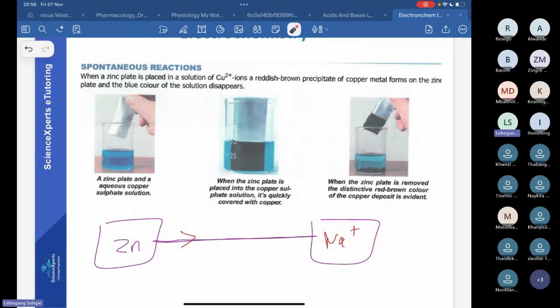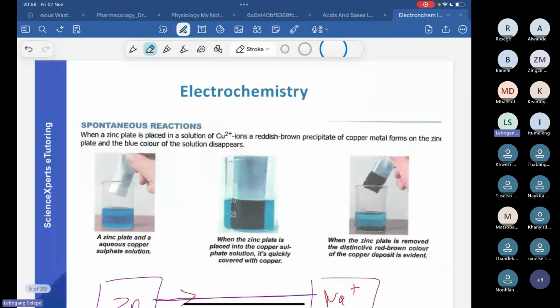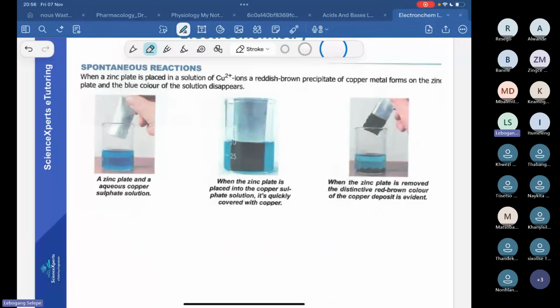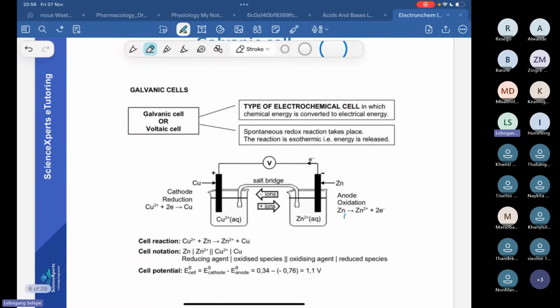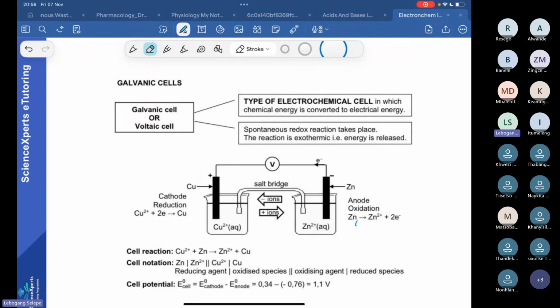Therefore, I cannot produce electricity from this, even if I do this, because a chemical reaction is not taking place. So it works only with spontaneous reactions. Remember, a spontaneous reaction takes place on its own.